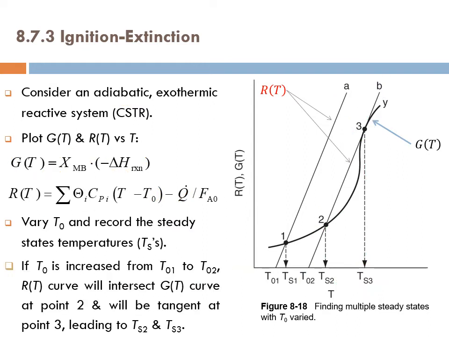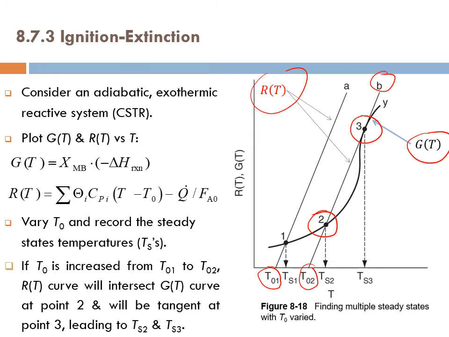So if T naught is increased from T naught 1 to T naught 2, as we explained earlier, the RT curve, this new RT curve, will intersect with the GT curve at point 2 and will be tangent at point 3.